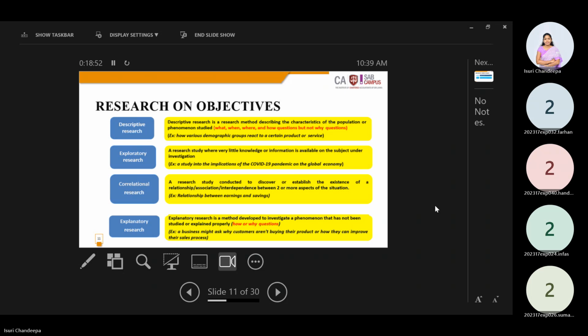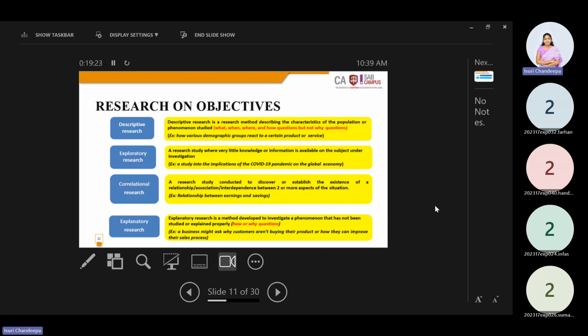The relationship between two variables. Is that correlation? Yes. There is a relation between the variables. We are calling it a correlation.